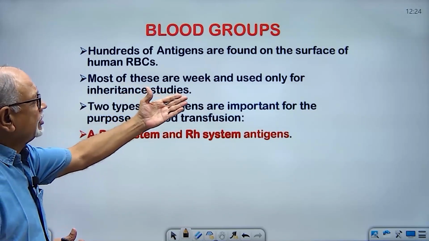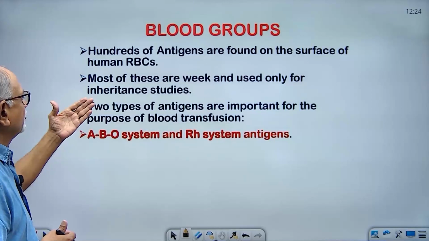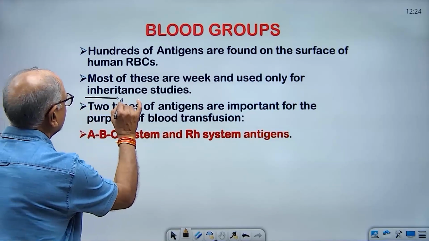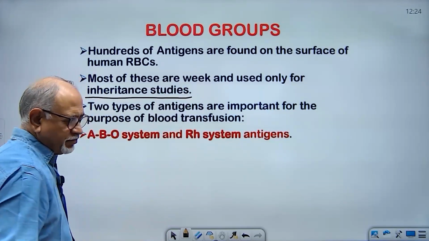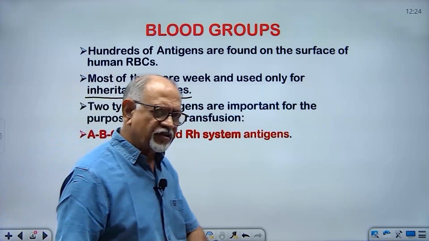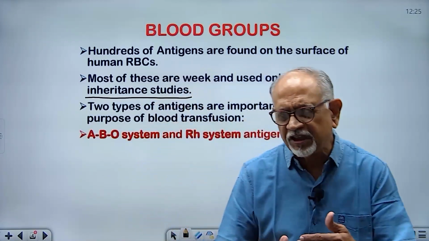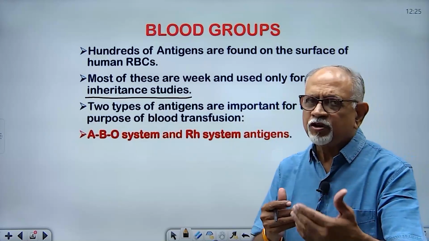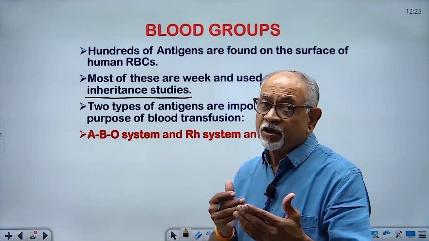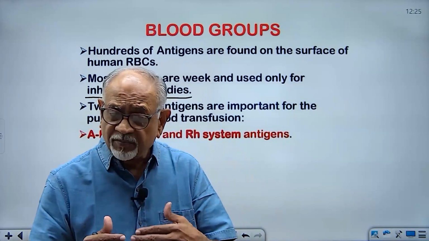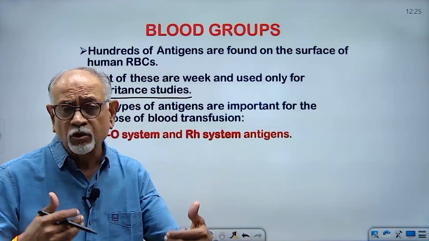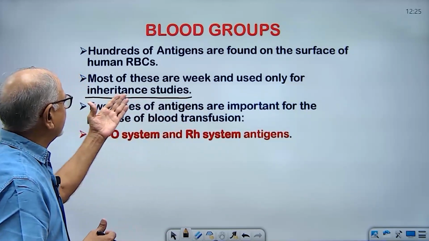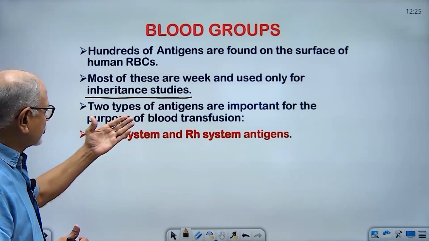Because most of these are weak and usually they are used only for the purpose of inheritance. That means in certain cases, when you want to see the inheritance of a particular gene from parents to the child or in a particular community, it can be used for the sake of study of evolution of human race. In those cases, these antigens are studied.